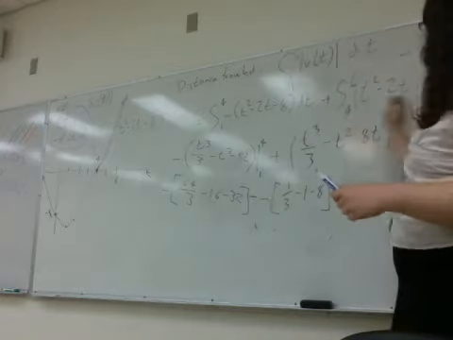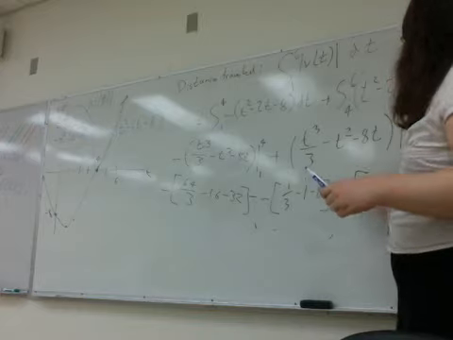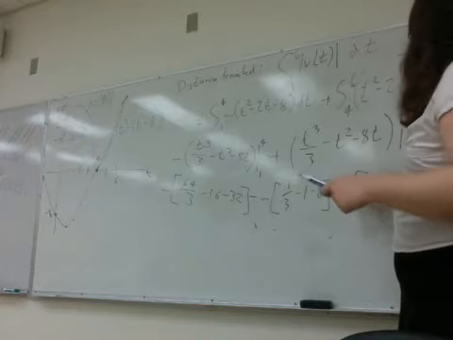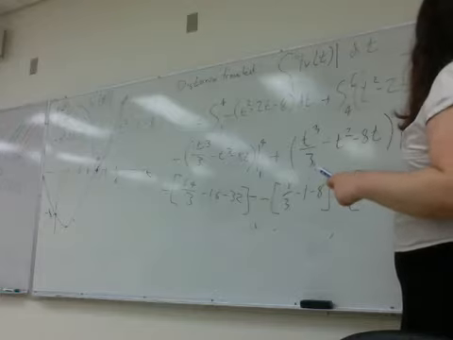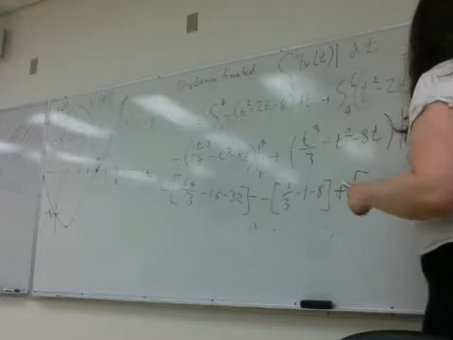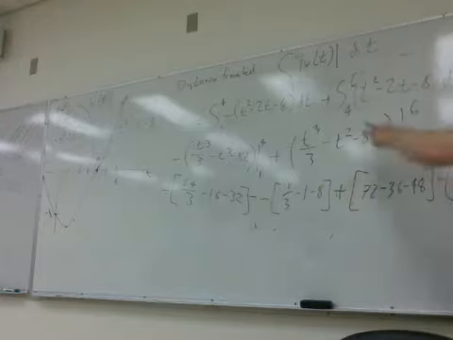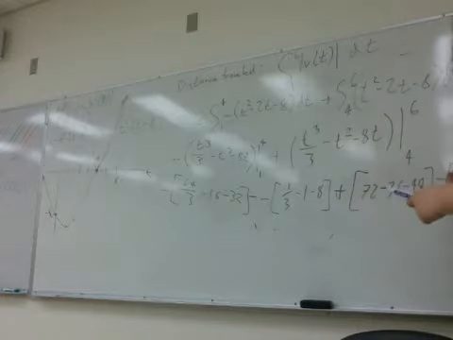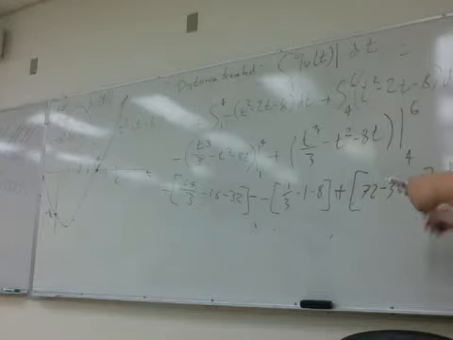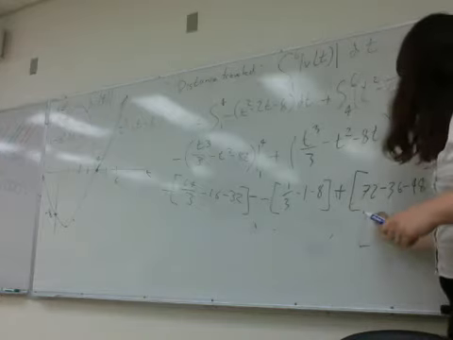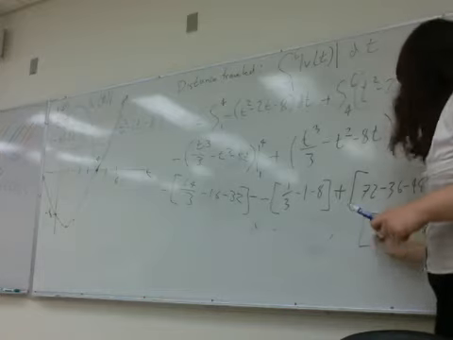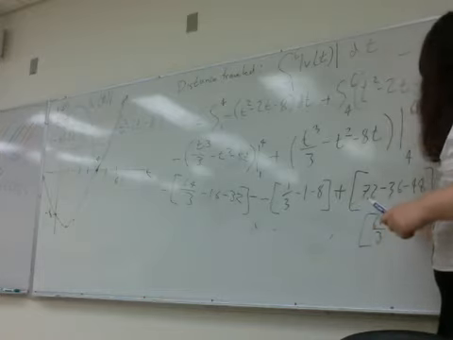Plus, here I'm going to plug in 6. I get 6 cubed over 3, I already said was 72. 6 squared is 36. 6 times 8 is 48. Minus, the last thing I'm going to do is plug in 4, which gives you the same thing as I got up there. 64 over 3 minus 16 minus 32.